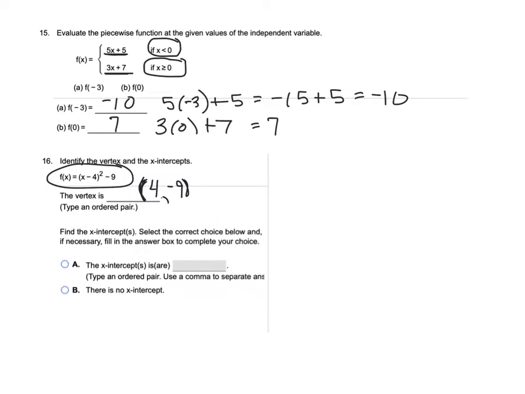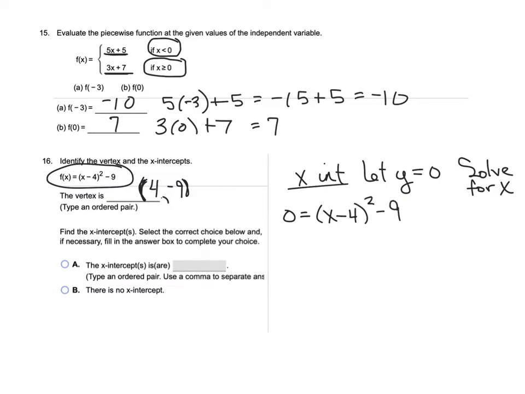And that's your vertex. And then they're going to ask you for the x-intercepts. Remember, x-intercepts, you let, like always, let the opposite be 0. So let y equal 0. Solve for x. Okay, y is f of x, so that's 0.